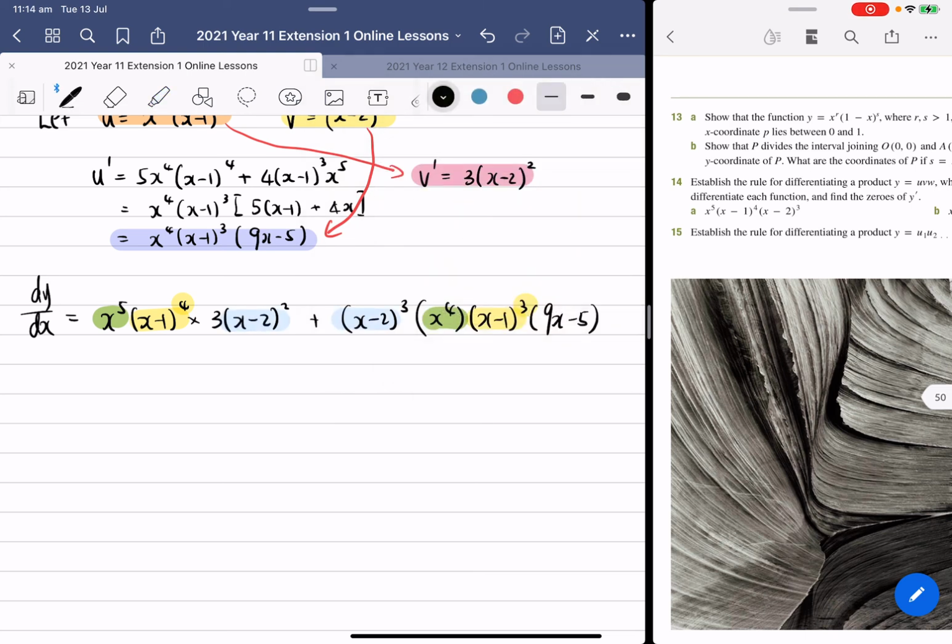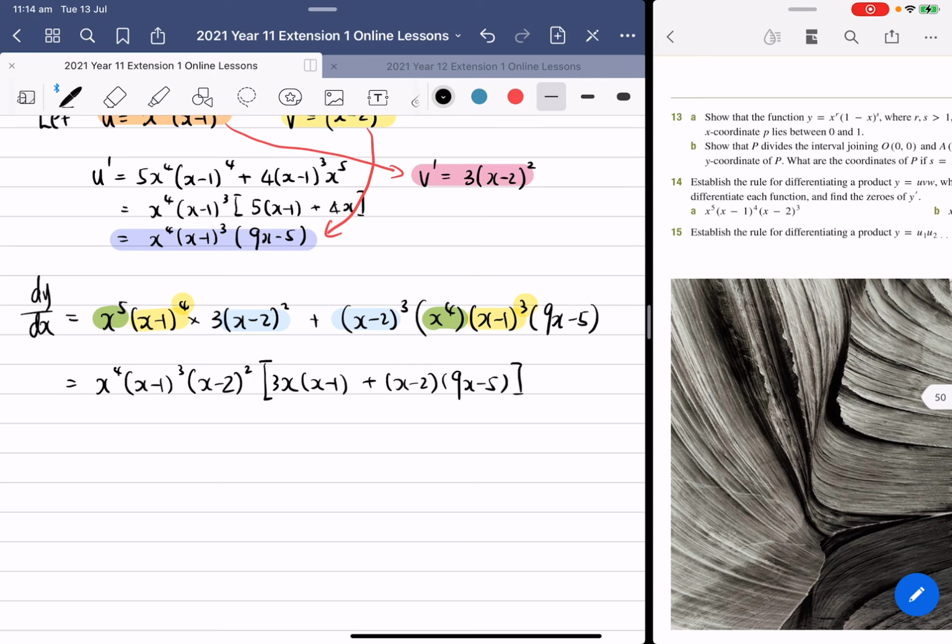So factorize x to the power 4 out, (x minus 1) to the power 3, (x minus 2) to the power of 2. Then that's (x minus 1), oh, I need to have a 3 here as well, plus (x minus 2), and the last one is (9x minus 5).